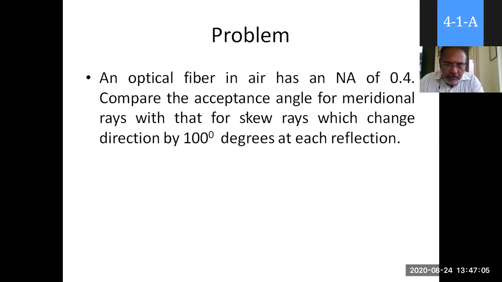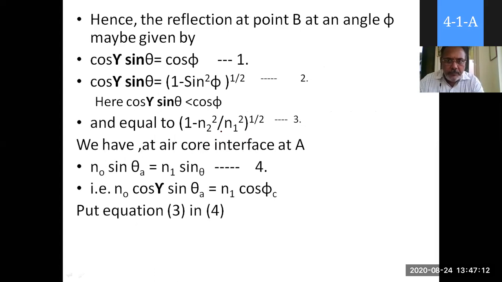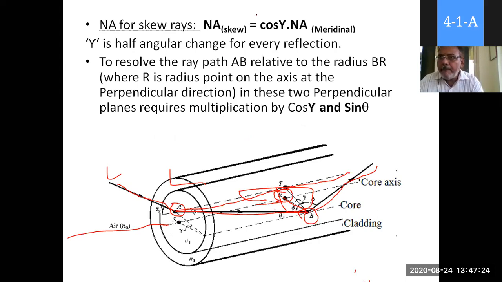So compare the acceptance cone angle for meridional rays. Take this expression, the first one: NA skew is equal to cos gamma NA meridional. This is the answer for this. NA skew is equal to cos gamma NA.